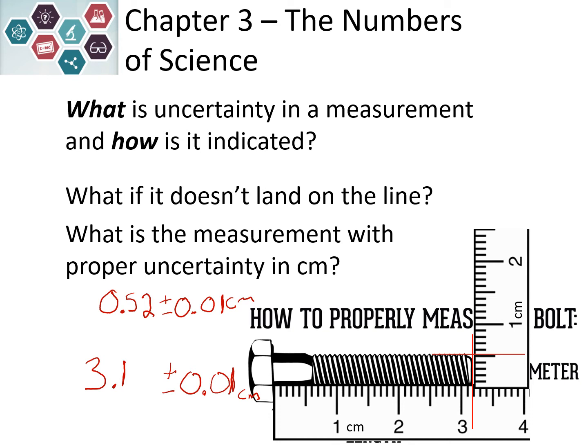And we're not quite to the 0.2, but almost. So I would put a reading of 3.19 plus or minus 0.01 centimeters. And again, if this isn't exactly what you got, but you were very close, that is perfectly fine.